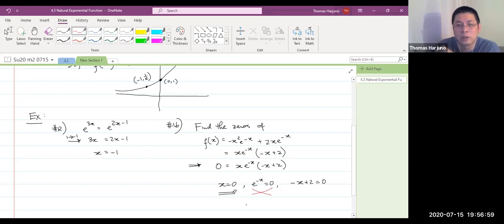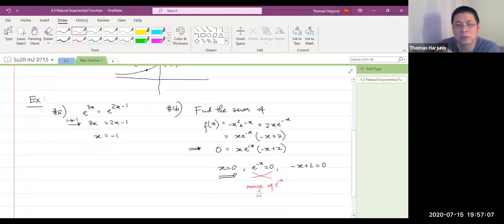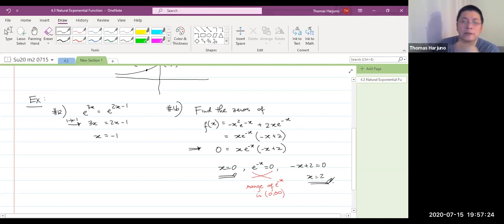Why? Because the range of e to the negative x is from 0 to infinity, but never 0. Basically, e to the negative x will never be 0, whatever x you use. And from the last part, x equals 2. So there are 2 solutions here.